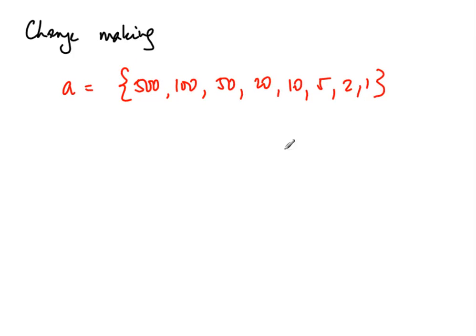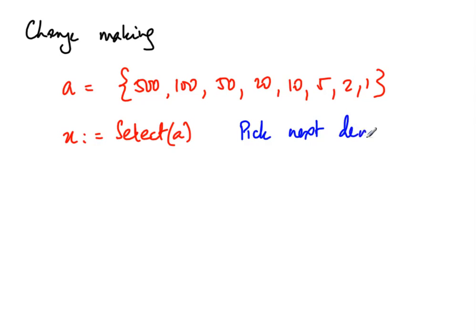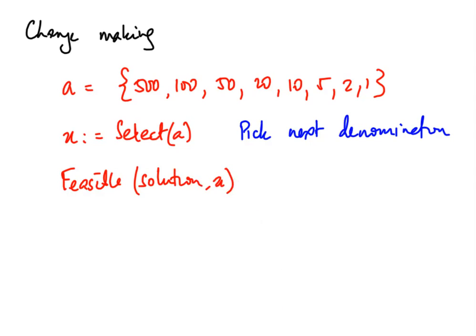Now this step x equal to select A is to pick the next denomination. And then this test of whether feasible solution of x is true is whether the denomination is less than or equal to the current balance.